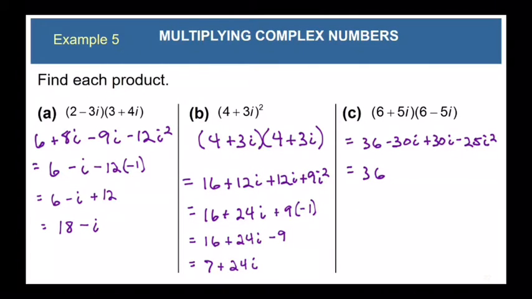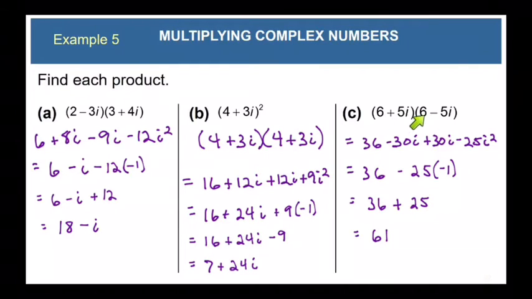And so our final result is 36 minus 25 times negative 1. Our i squared has turned to negative 1. Now minus 25 times minus 1 is going to make plus 25. And then we can add these together. 36 plus 25 is 61. So this is interesting now.